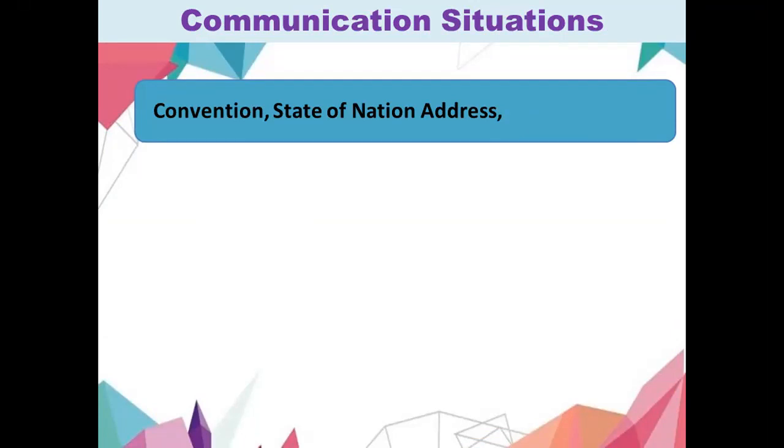How about a convention? In a convention, you are presenting something, or prior to the formal program there are preliminaries and preparations before the program proper. What language register is being used by the speaker?